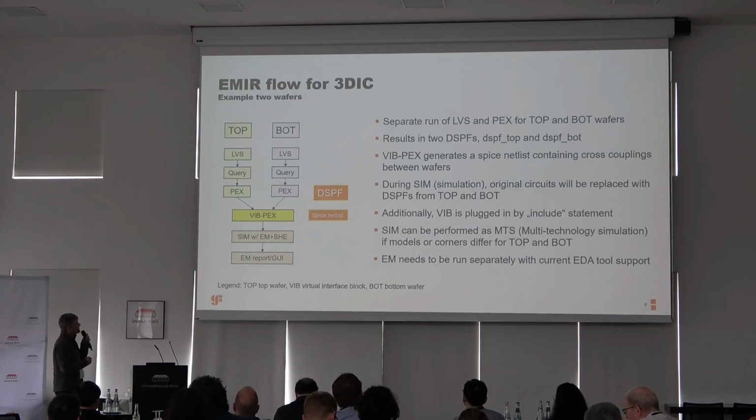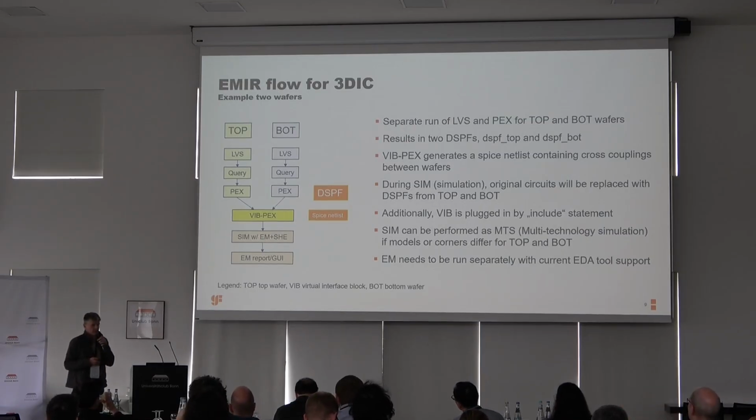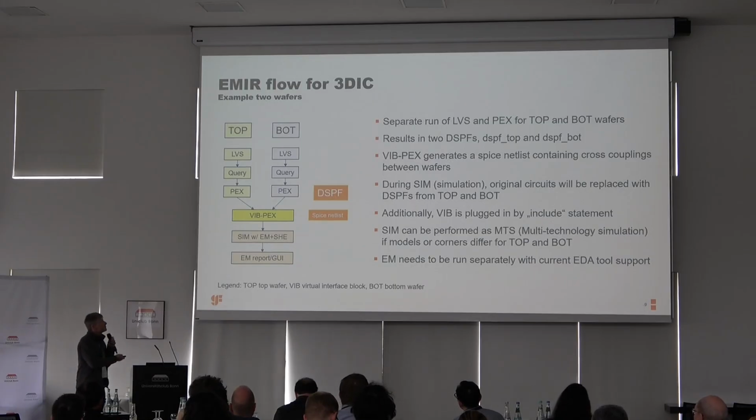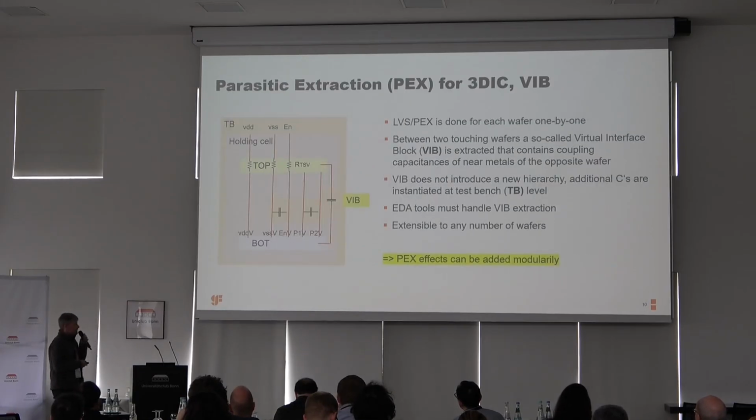Finally, we do a transient simulation, taking into account the location of the devices, because these DSPFs are annotated with location information of the devices, and we apply the coupling coefficients and the zone of influence extensions, and finally we can compute the EM. So this is how we resolved the VIB, the virtual interface block.